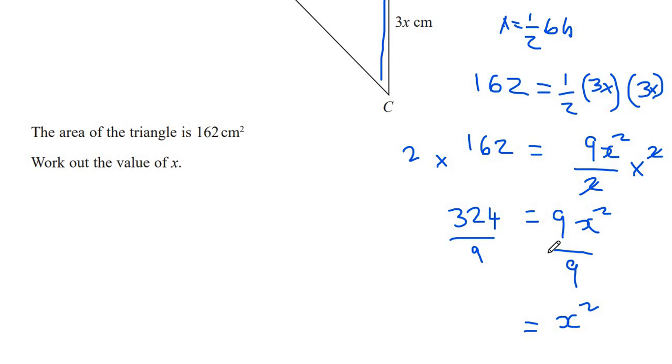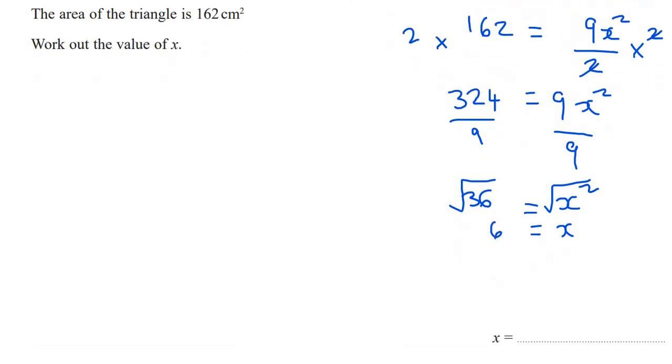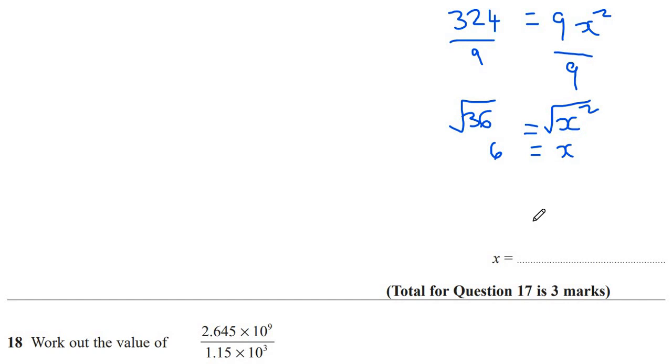So you can use your calculator. 324 divided by 9 is 36. So now you just need to take the square root on both sides. That will give you your value for x. So x will be 6. And that is your answer.